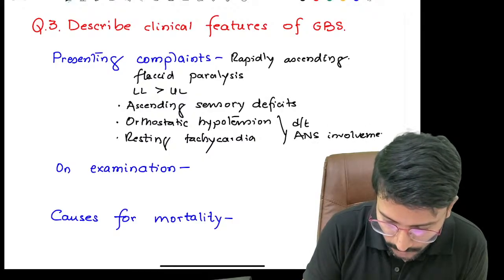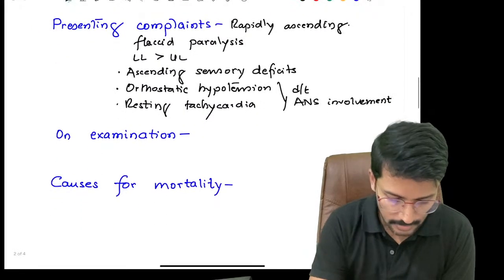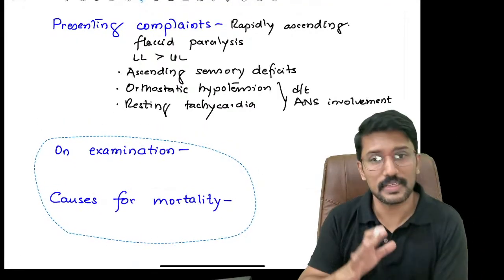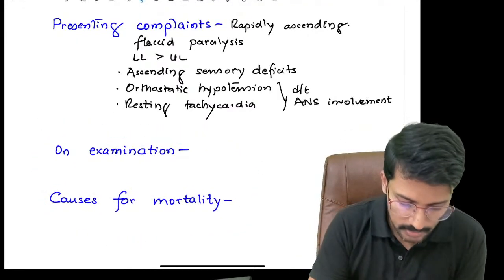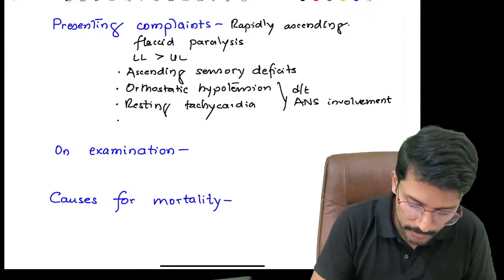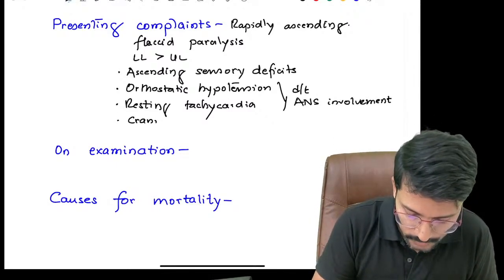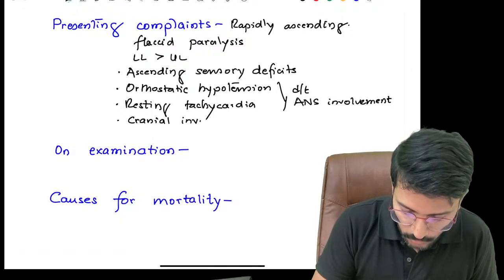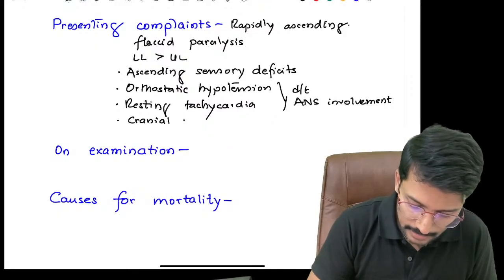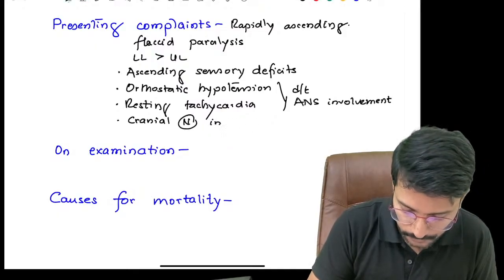Okay. Now one question: will there be involvement of cranial nerves? The answer is yes, because the peripheral nervous system comprises both cranial nerves and spinal nerves, and when a disease affects peripheral nerves, it may as well affect the cranial nerves. Then comes a question: what is the most commonly involved cranial nerve?